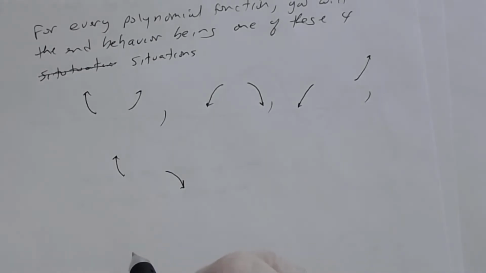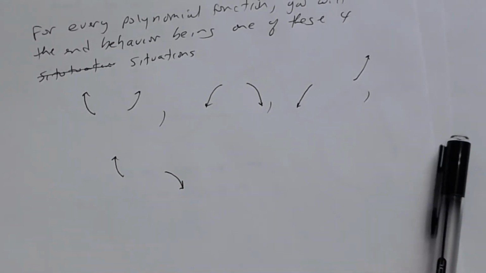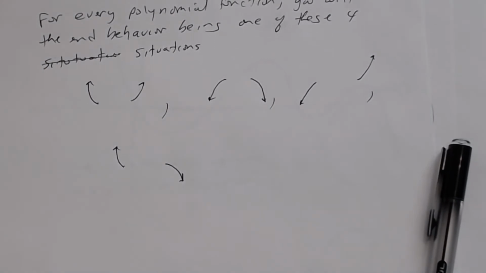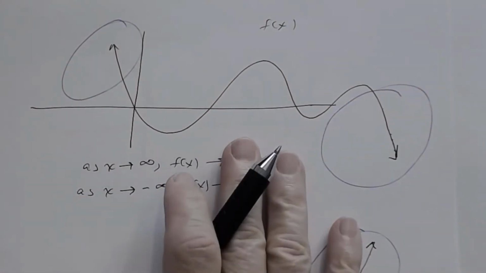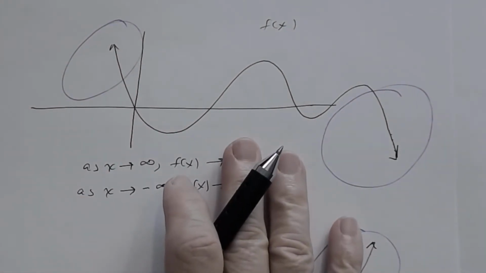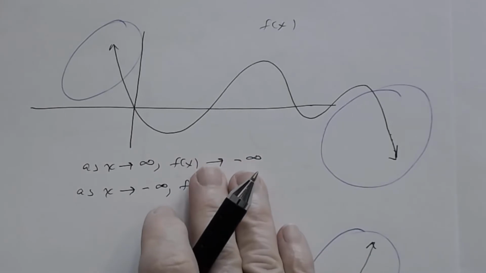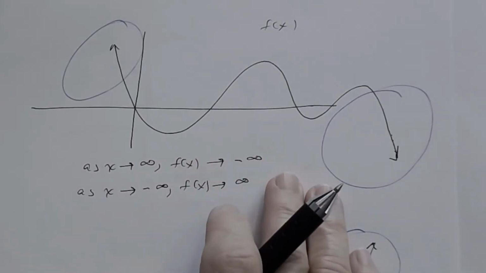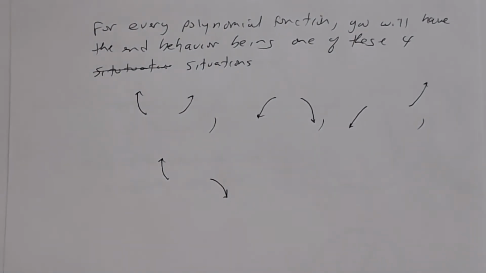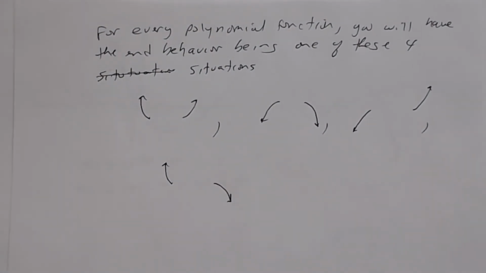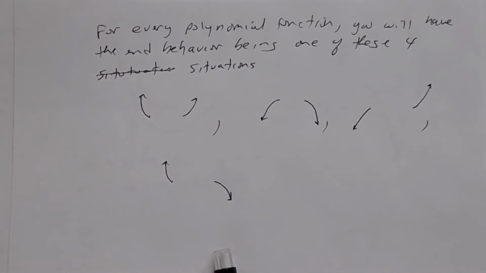Okay? Now, what we want to do next is this. Given a polynomial function, see here in our examples, I gave you the graph, correct? What's going to happen though is that the graph won't be given. The graph will not be given. What's going to happen is you will be given a function, just like we talked about at the beginning.